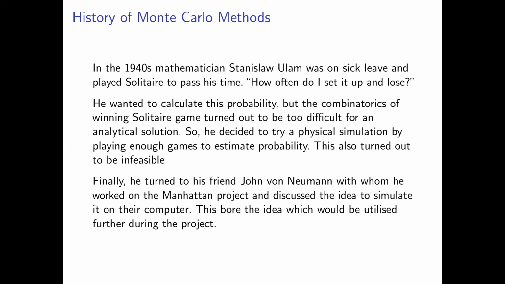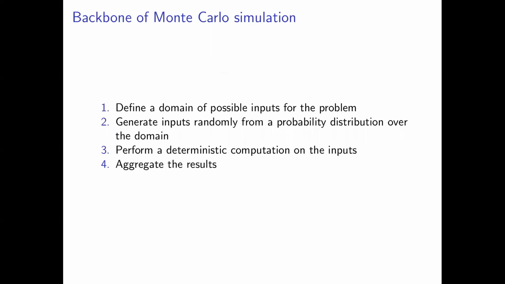So this gives a very good idea what is the backbone of Monte Carlo simulation. We want to simulate physical processes in order to estimate underlying properties, underlying probabilities based on those. So to do this, we have to define the actual domain for our possible inputs of the problem.